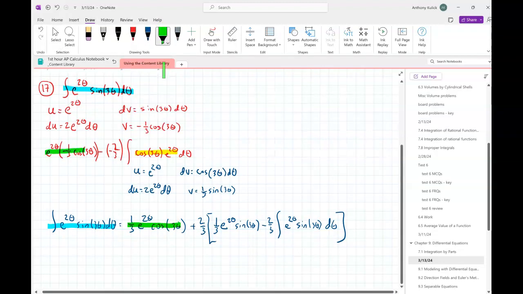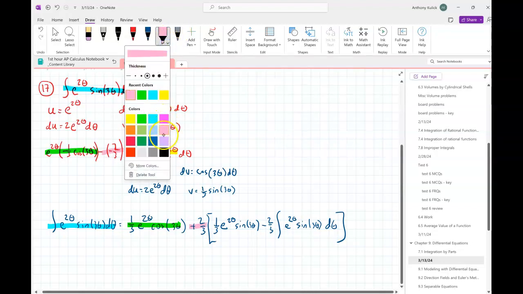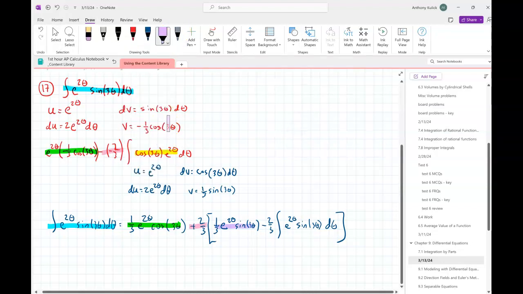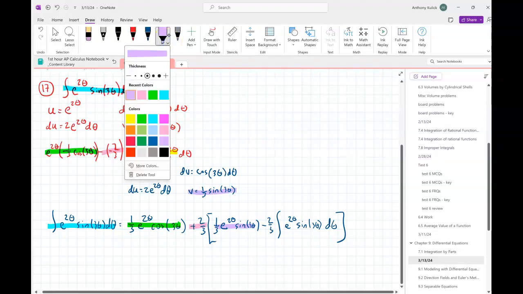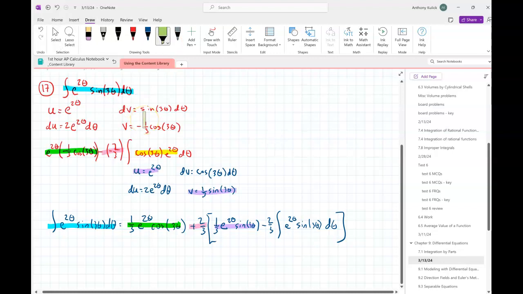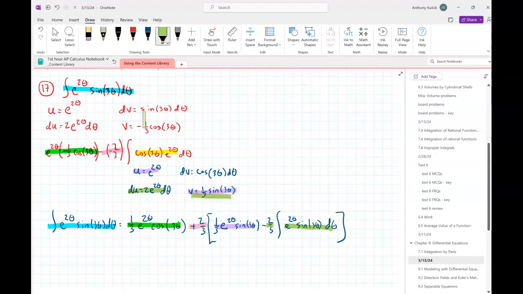This is my guy out front. This is that plus 2/3, right? This is my u times v. And then this is my integral of v times du. Is that? No, big yes.